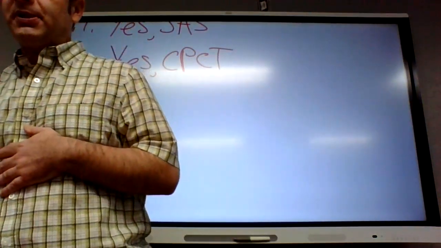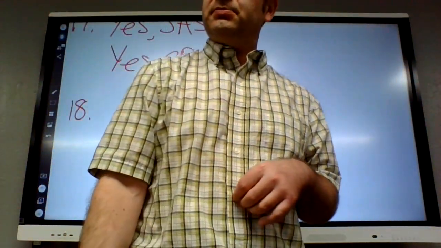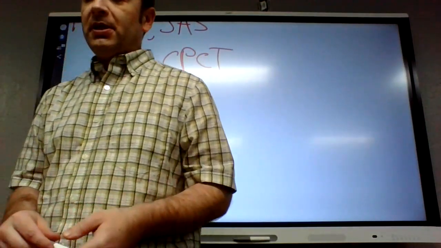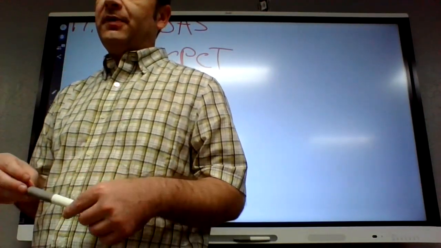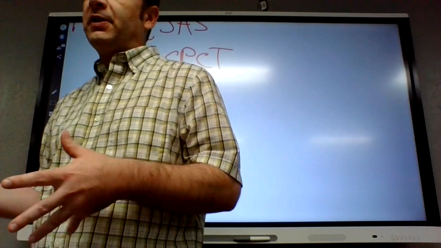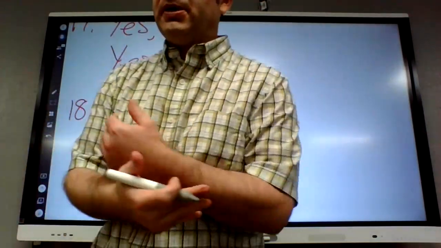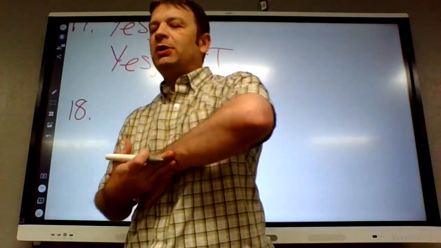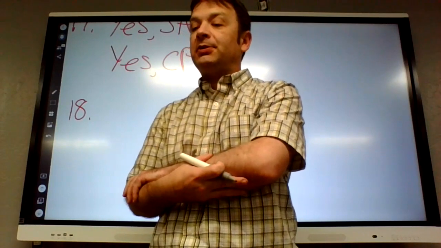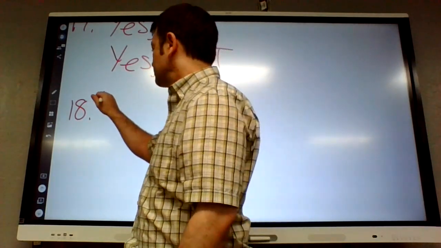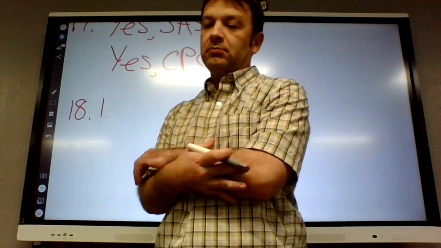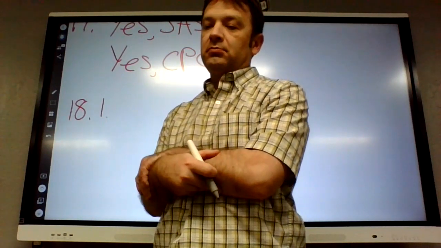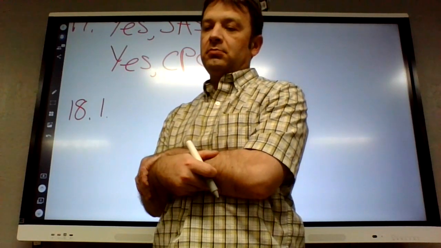I will help you with the given because they don't directly tell you. The given says the figure, which means the picture. What do we know just by looking at the picture? ABC is congruent to ABC.